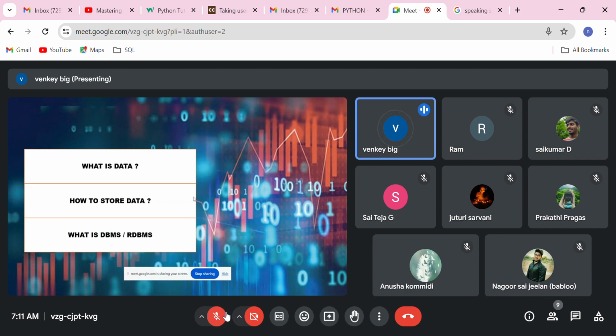So the API layer should always be communicating with your database system. Okay, so most of the time the UI doesn't have direct connectivity to the database system, but the middle layer, the API layer, is always connected to your database system. Okay, so that is the importance of the database.